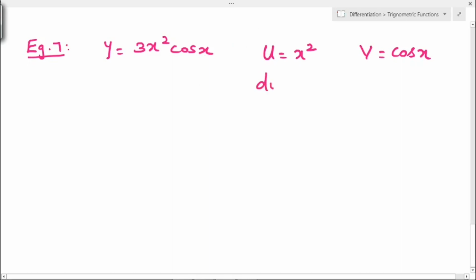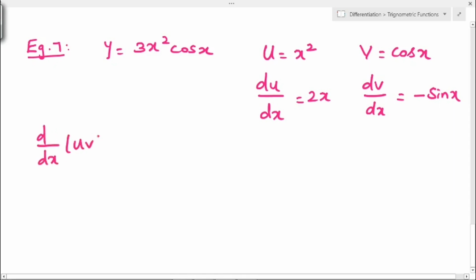So first term du by dx equal to x square differentiation 2x, and second term dv by dx, that is cos x differentiation is minus sin x. Now we have to substitute the values in the product rule formula, that is d by dx of uv equal to u into dv by dx plus v into du by dx.